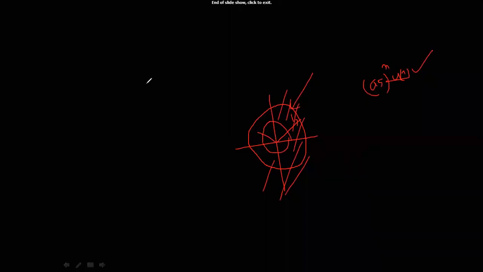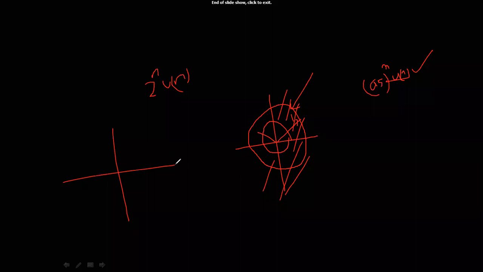If I have a signal 2 to the power n into u of n, then what's going to happen? Is the signal stable, by the way? 2 to the power n into u of n, no. 2 to the power 0 is 1, 2 to the power 1 is 2, then 4, 8, 16, 32, no, it's unstable.